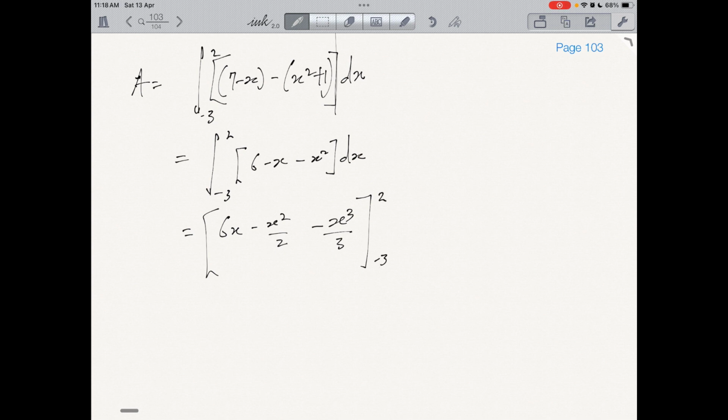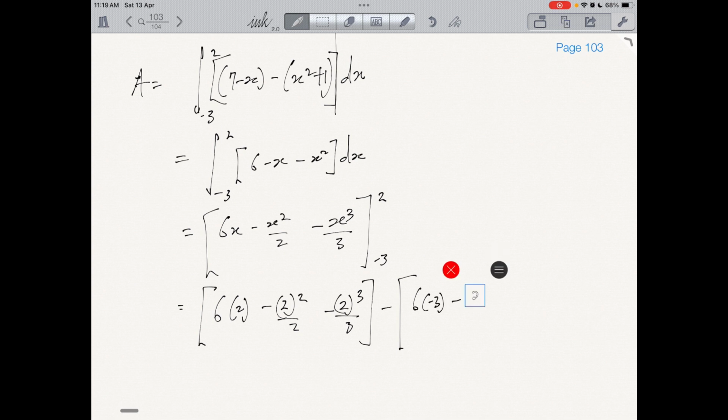So we substitute our upper limit and lower limit. So we have 6 into 2 minus 2 squared over 2 minus 2 to the power 3 over 3. And we subtract the lower limit, 6 into minus 3 minus minus 3 squared over 2 minus minus 3 cubed over 3.